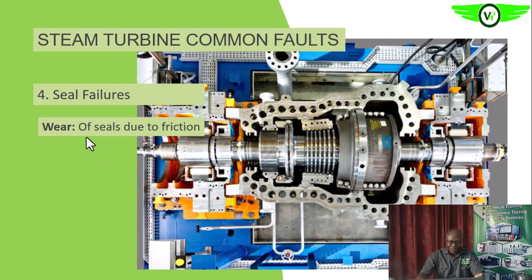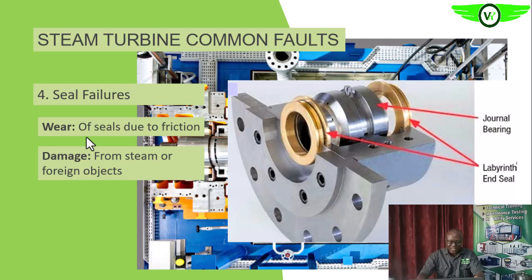So if that happens, that can increase wear and tear. Okay. Then if we have steam that is beyond the temperature of the steam or the operating conditions, or rather you subject the seal to an operating condition that is higher than that for which it is designed, that can cause the damage of the seal.